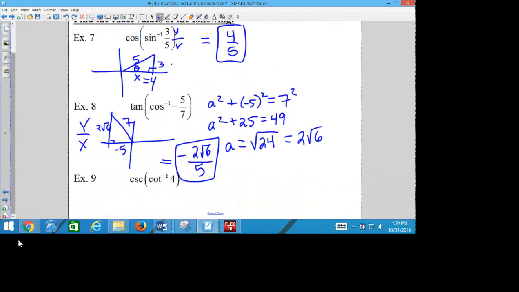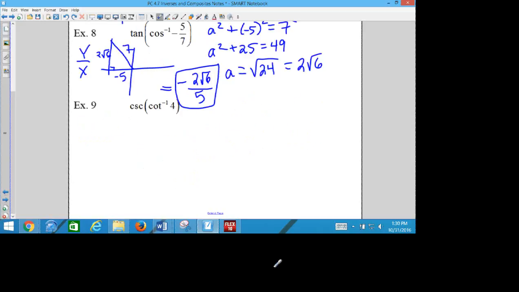Okay, last one. Cotangent. I don't know cotangent very well, but I know tangent. Tangent is 1 over 4, which is y over x. And it's positive, so which quadrant? First quadrant, where y is 1 and x is 4.